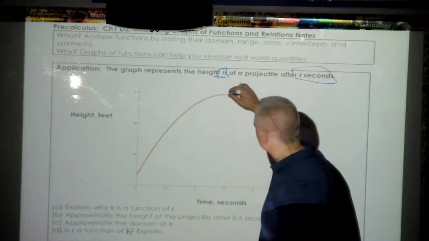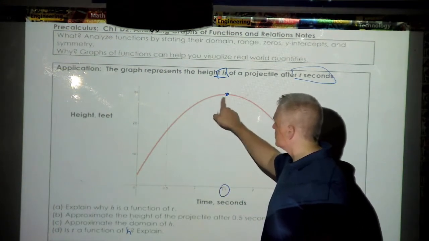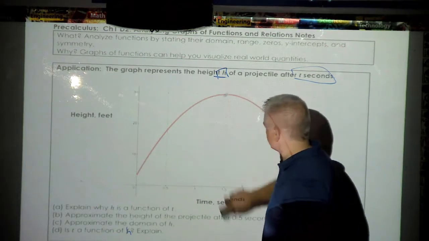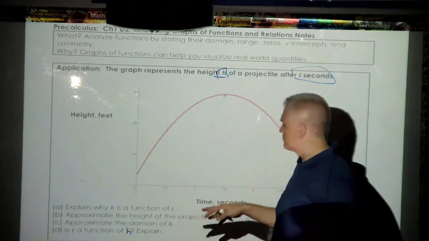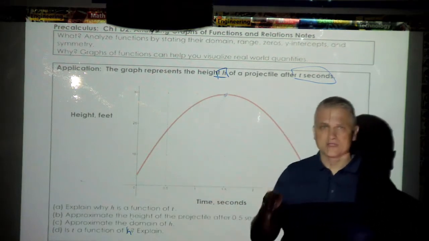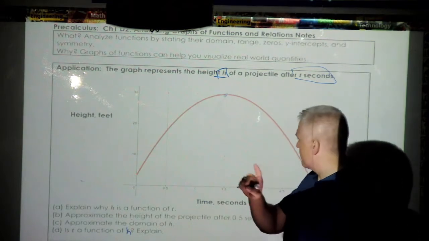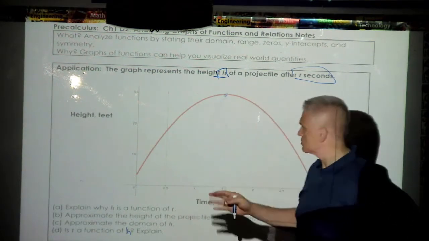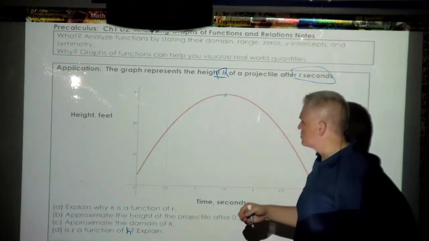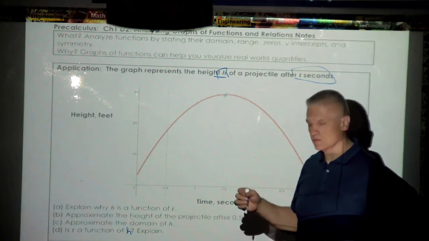For example, at this point right here, 1.5 for t yields 30 for h. So that's why h is a function of t. It's a relation that passes the one-to-one test, one h for every one t, and you could also say it passes the vertical line test. So there are different things you could use to justify why h is a function of t, not just a relation.